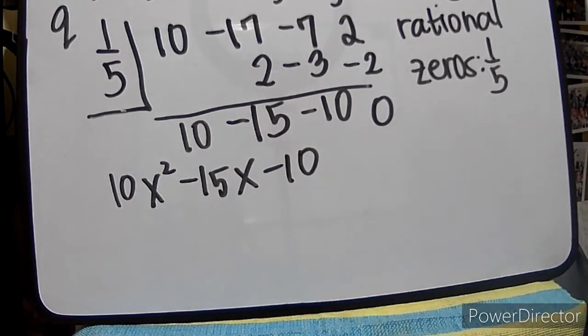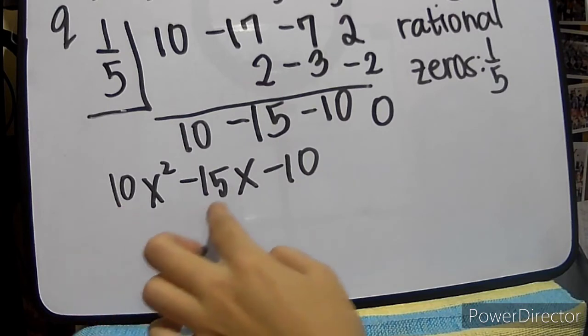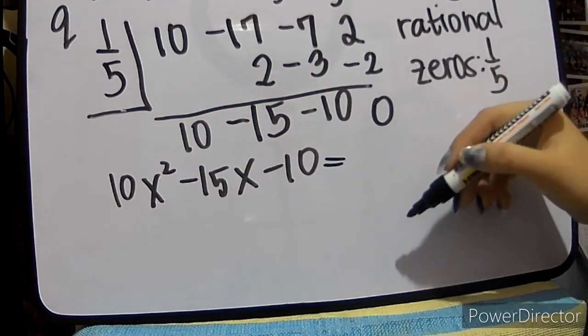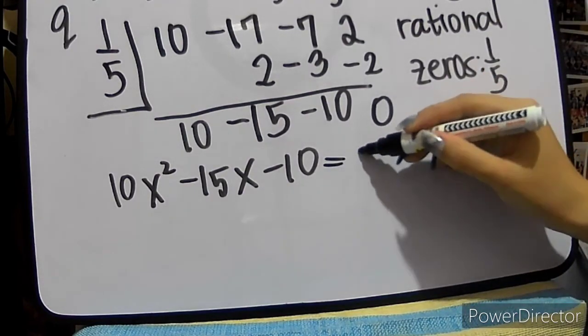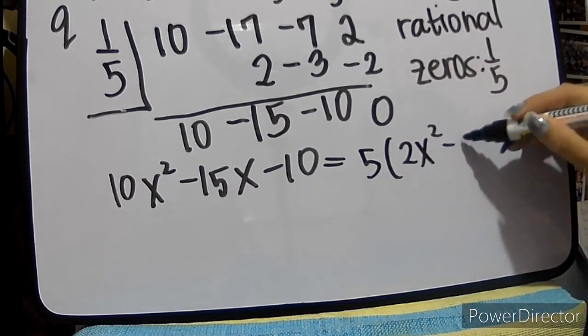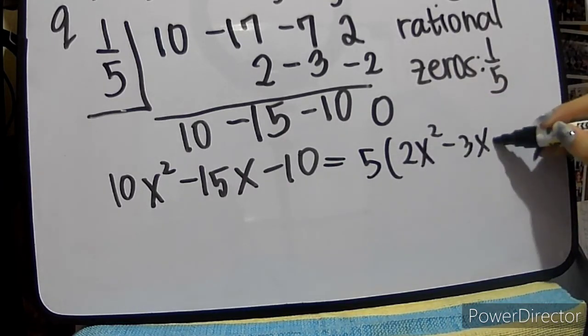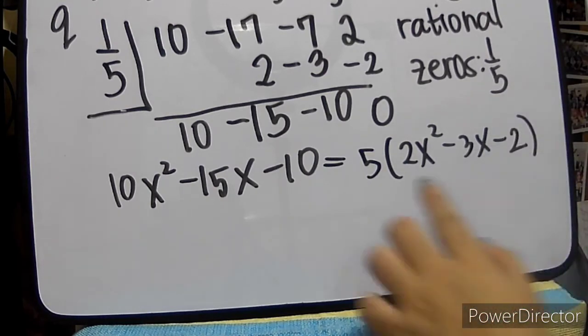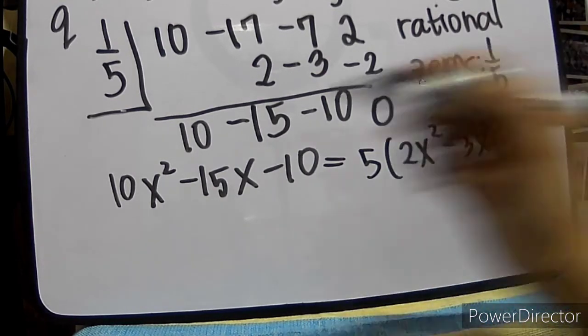And kagaya ng sinabi ko kanina, kapag second degree na, we could apply the factoring method. And as you can see, yung 10, negative 15 at negative 10, it has a GCF. So, ang GCF niyan ay 5. So, we have 2x squared minus 3x minus 2. And then, ito na lang yung i-factor natin. Wala naman tong variable. So, let's just factor it.